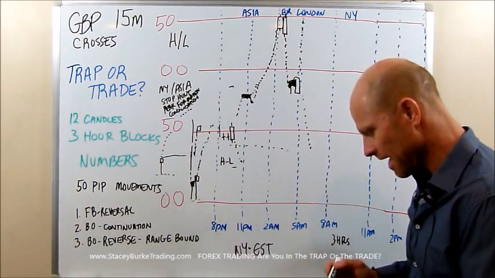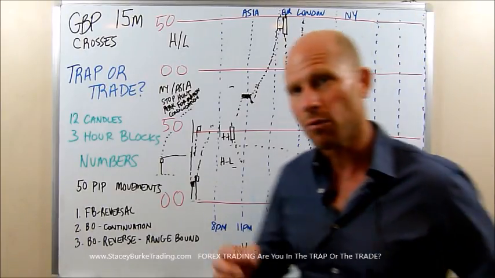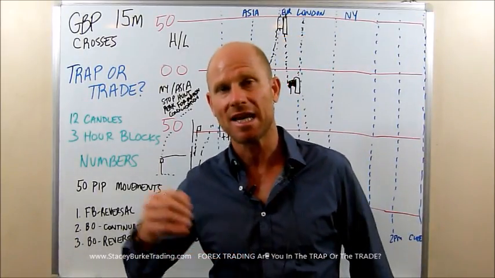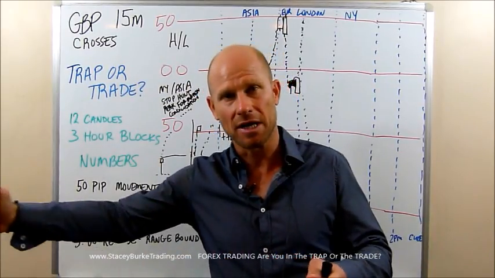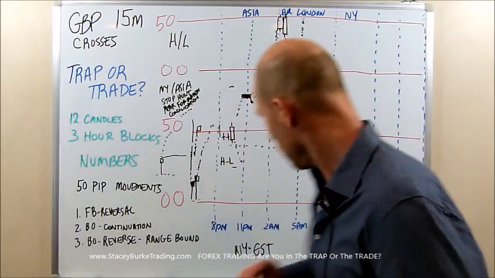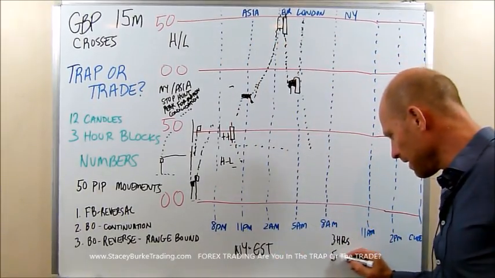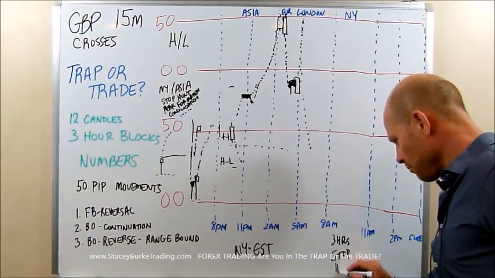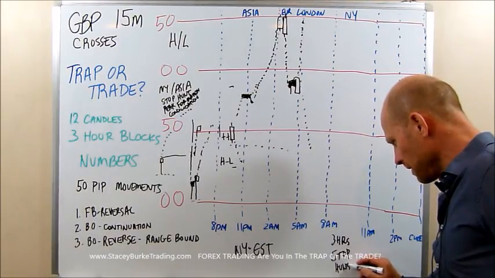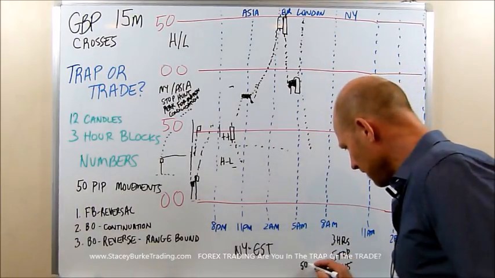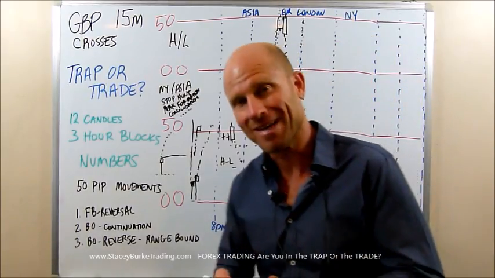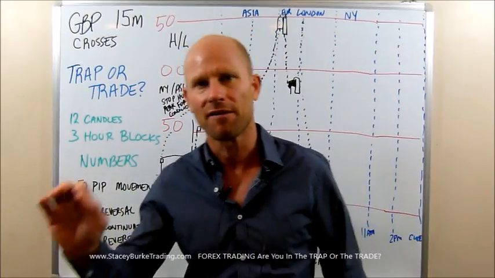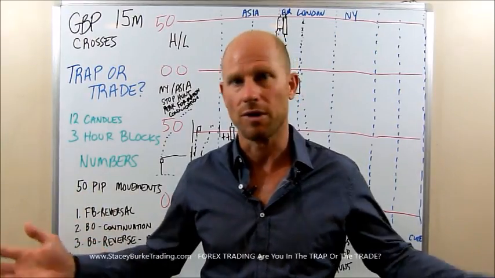Between 8 and 11 a.m. New York Eastern Standard Time, we will often see the range extended out even further, so the high keeps getting higher or the low keeps getting lower, or they will come back inside and stop hunt profitable traders 50 to 75 pips, maybe 100 pips back into the range of an existing trend. We've seen that happen every single day this week.